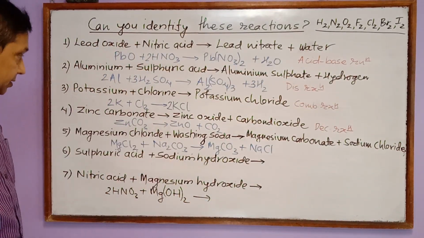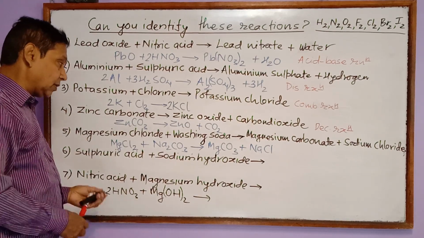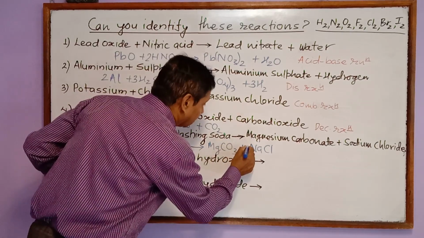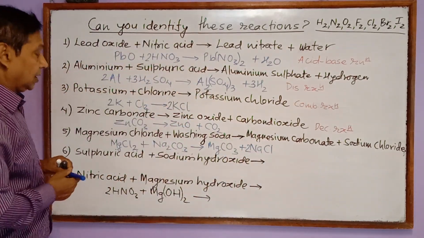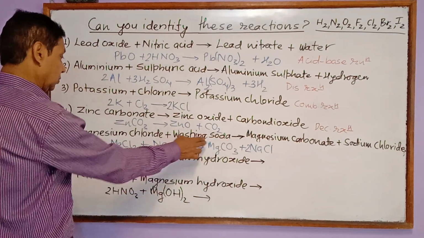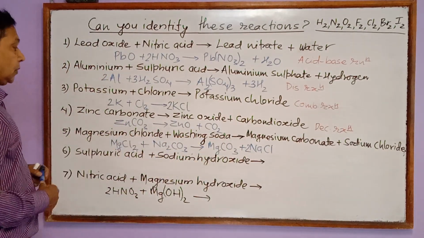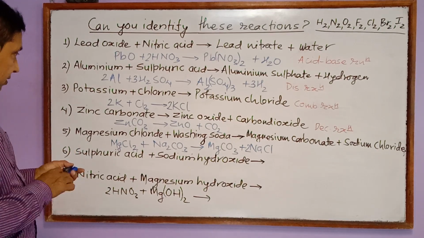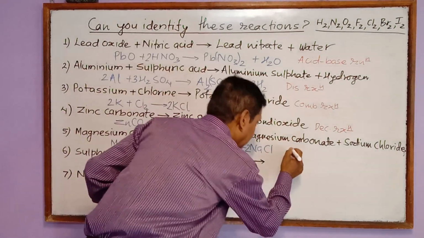This is the product. Now I have to balance the equation. Chlorine 1, chlorine 2. That's why if we take 2 here, chlorine is balanced. Now it's the turn of sodium. Sodium 2, sodium 2. Carbonate 1, carbonate 1, magnesium 1, magnesium 1. Okay. Now this is a double displacement reaction, and that's why we can write displacement reaction.